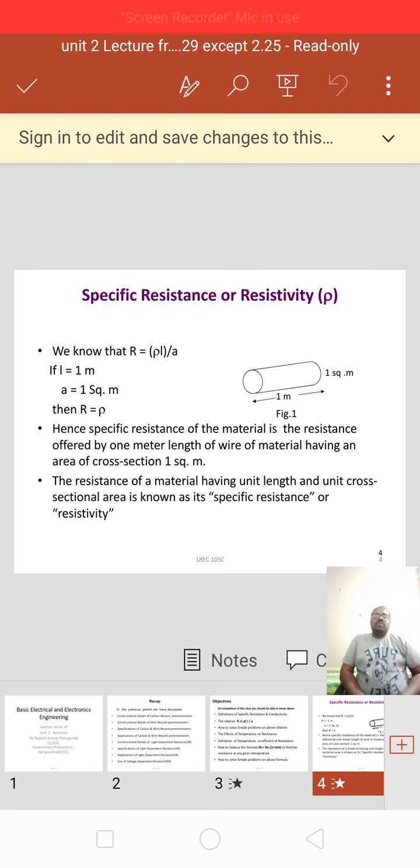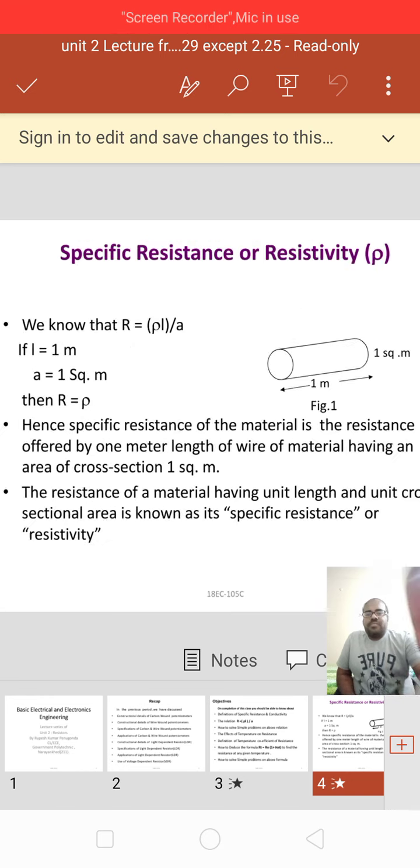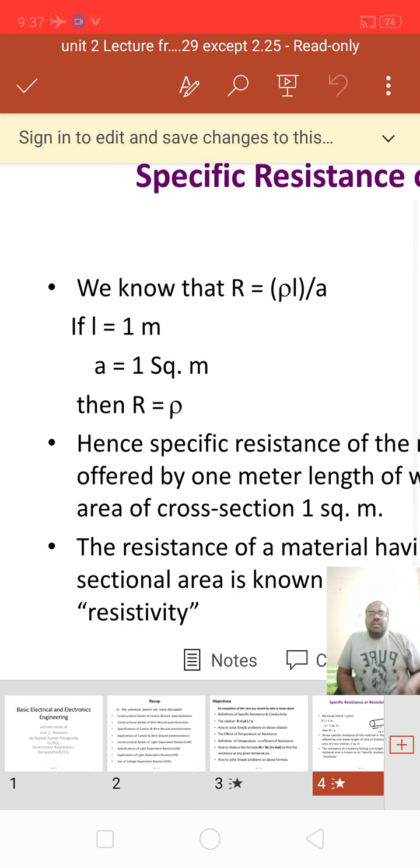Okay, first one is specific resistance or resistivity rho. We know that R equal to rho into L by A. If L equal to 1 meter, A equal to 1 square meter, then R equal to rho. By applying L equal to 1 and A equal to 1, we are getting R equal to rho.